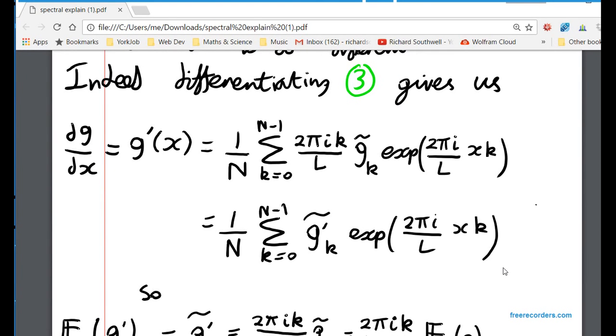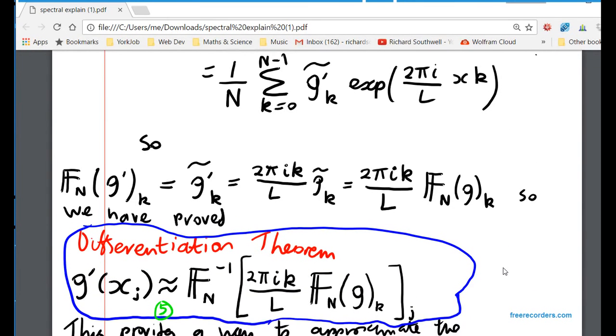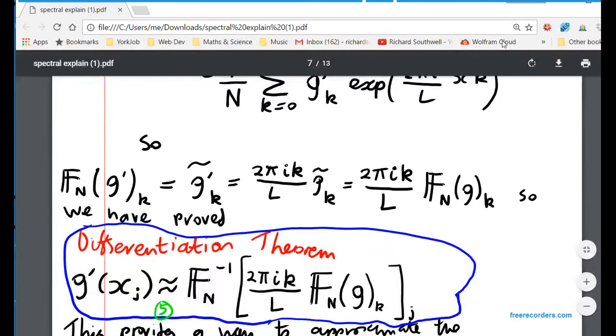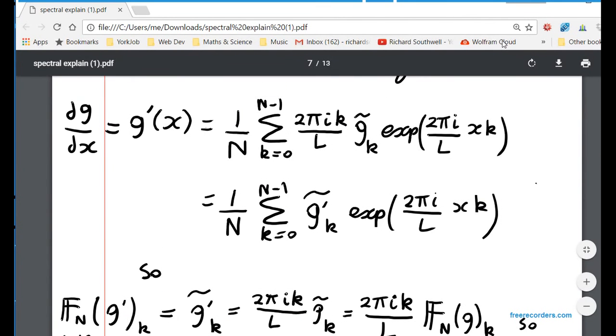So basically we're just comparing the look of the two different equations and saying, well, if we think of that as our new Fourier coefficient, then everything looks good. And so that's basically it. So remember that g tilde of k, that's just the Fourier coefficients.